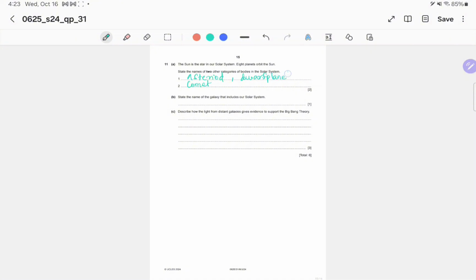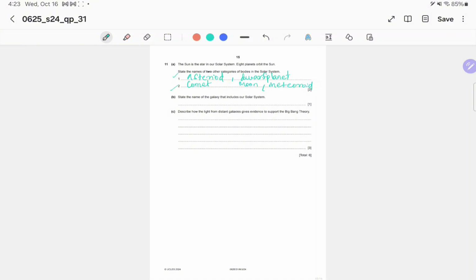If you want to write anything, it is also right: dwarf planet, moon, and meteoroid. These 2 are right, and if you want you can write those.